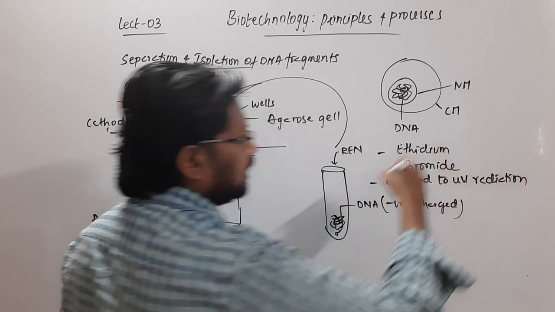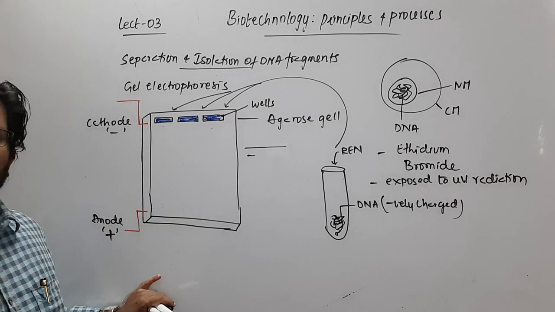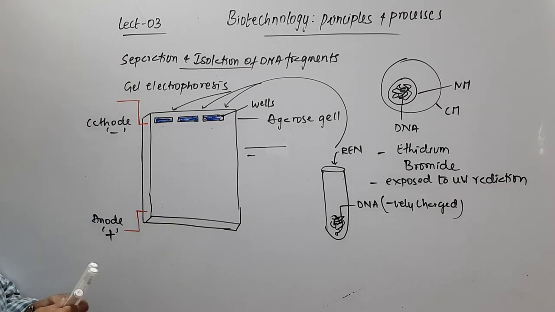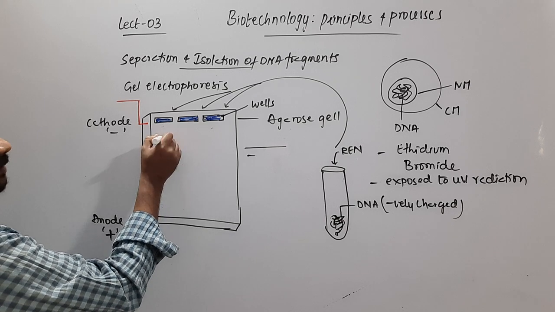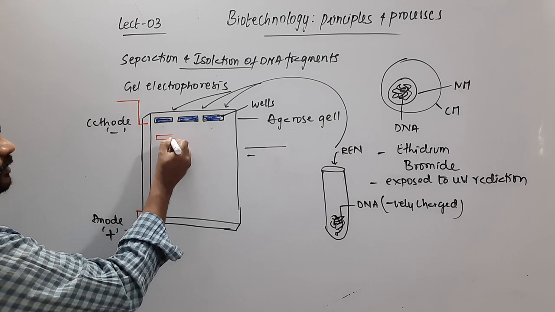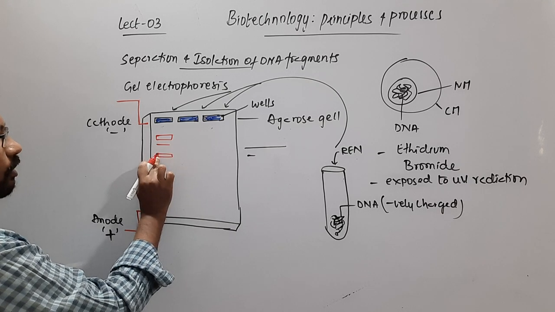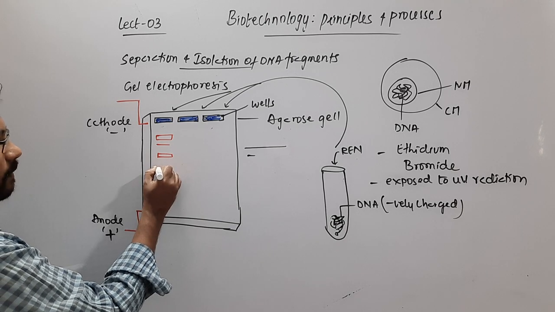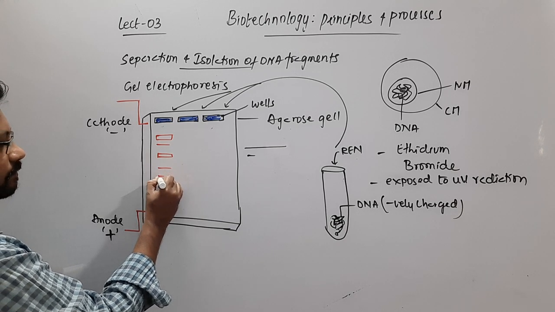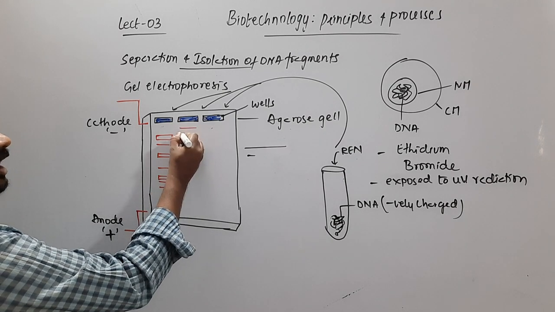So after treating with ethidium bromide and exposing it to UV radiation, I will be able to see the fragments. I mean, able to see the bands. So here you can see the bands of various sizes. So something like this I'll be seeing.